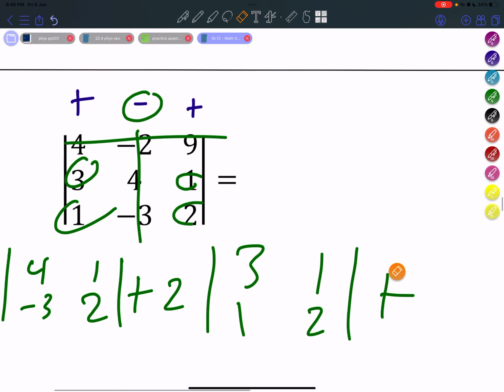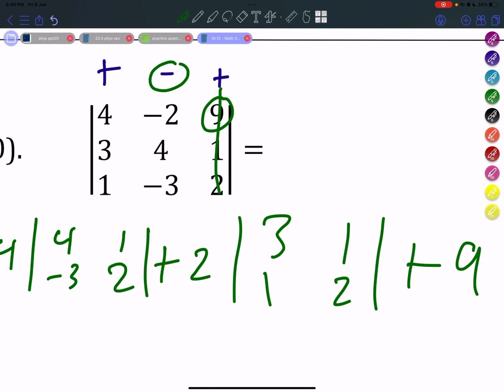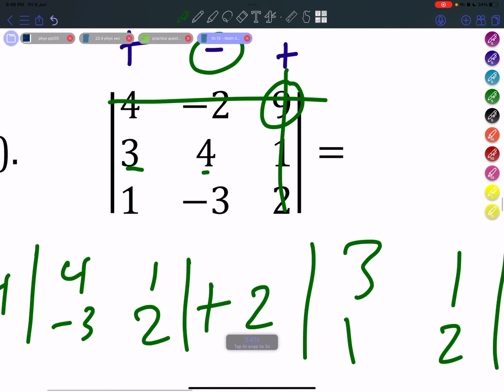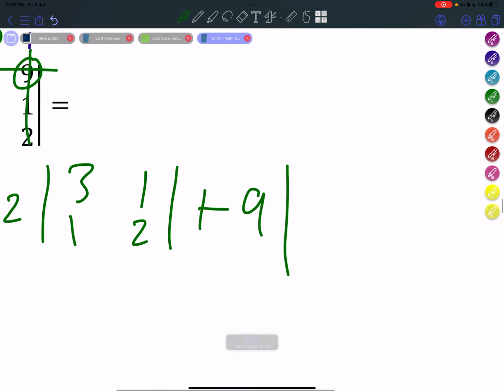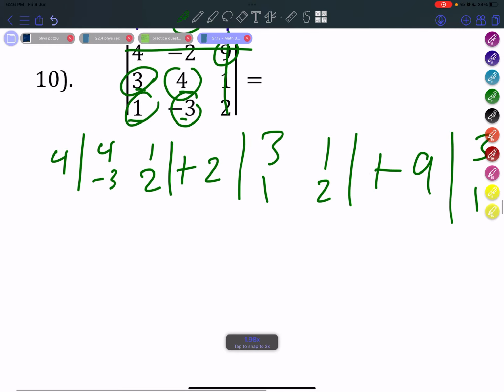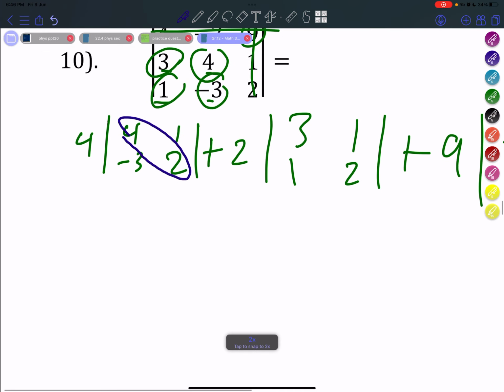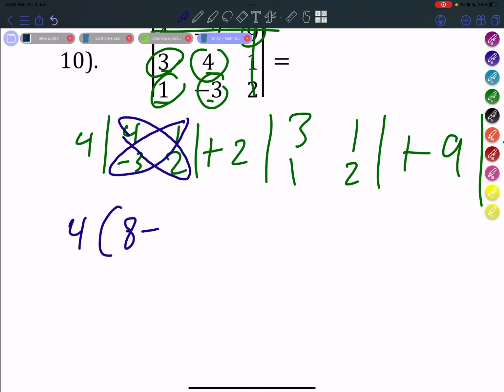Plus, again, here we have 9. We remove the column and row, leaving us with 3, 4, 1, negative 3. So here, times the matrix of 3, 4, 1, and negative 3. Okay. Now we just get the value through multiplying this way. 4 times 2 will give us 8, minus 1 times negative 3 will be negative 3, but obviously minus and minus will be plus.